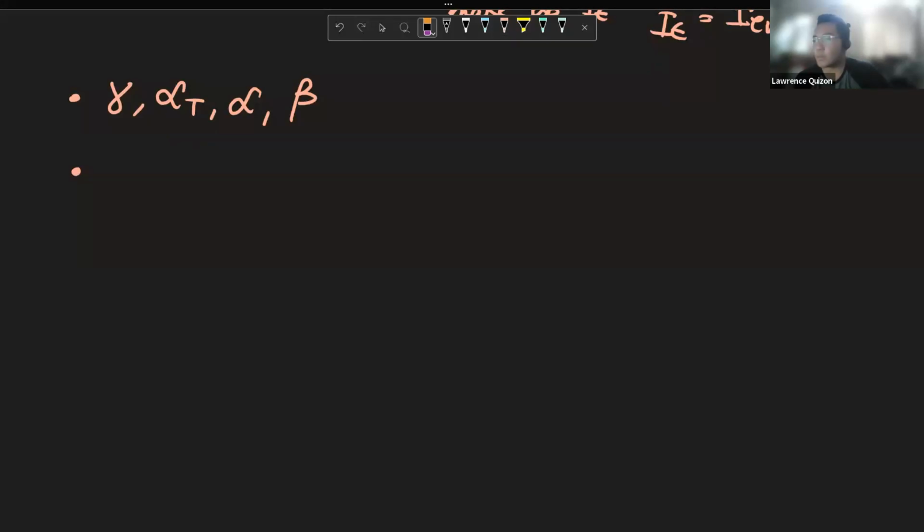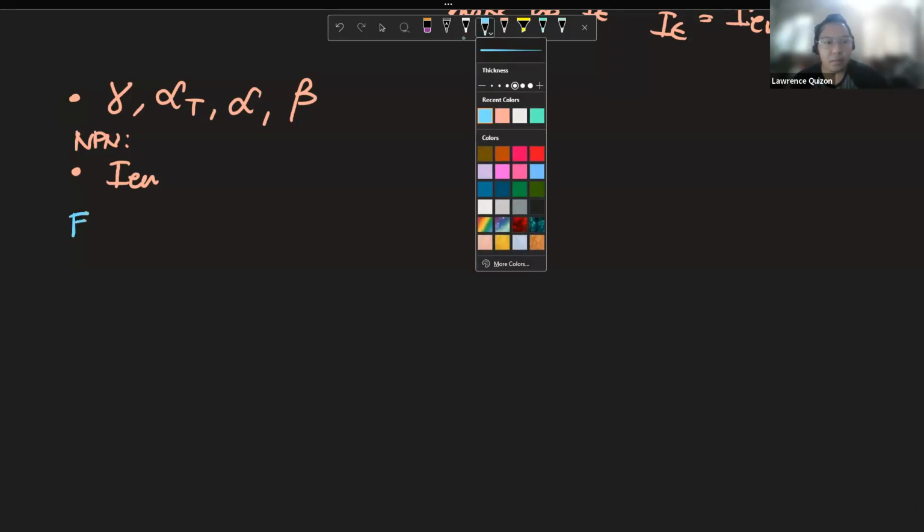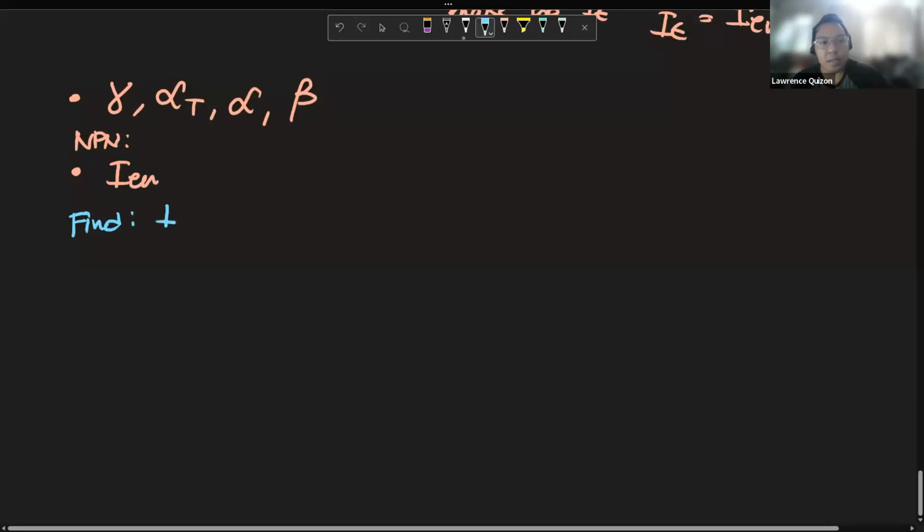So, for example, in an NPN BJT, I am given IEN, and what I want to find is IC.